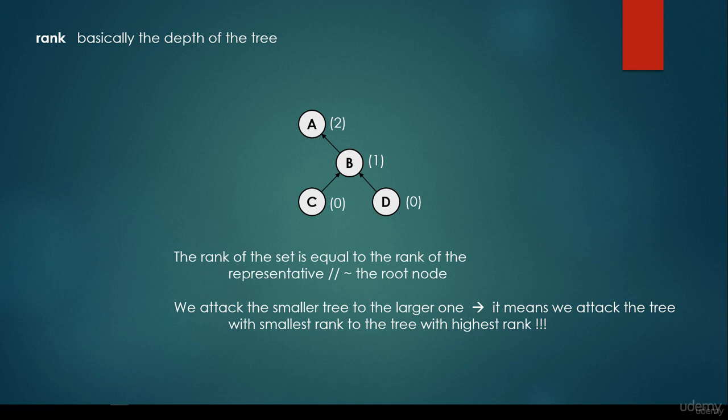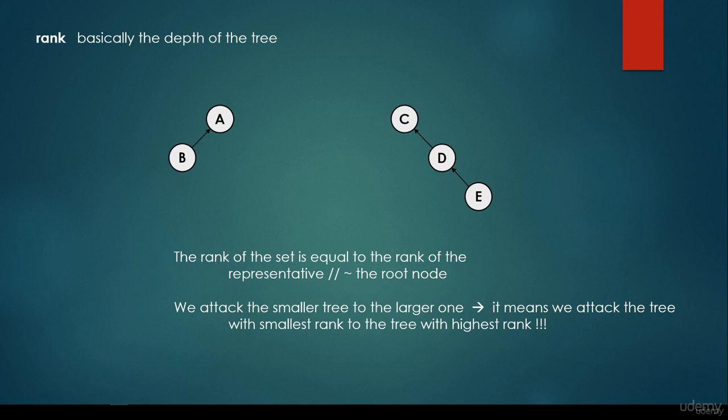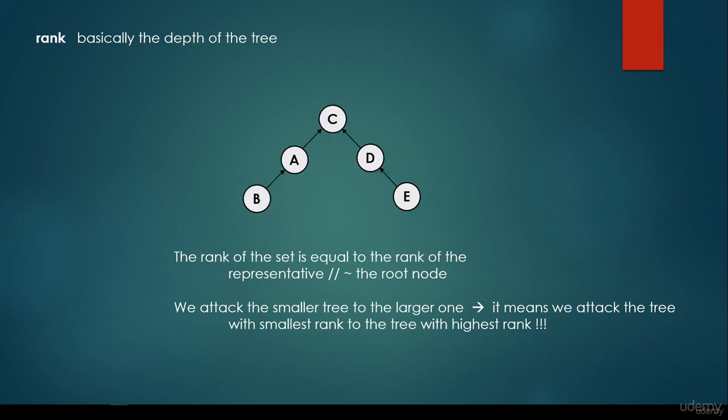So we attach the smaller tree to the larger one. It means we attach the tree with smaller rank to the tree with higher rank. Why is it good? Because in this case, the tree is not going to be as unbalanced as we would get in the opposite way. So, for example, we have two disjoint sets, A and B, and C, D, E, and we would like to merge them.